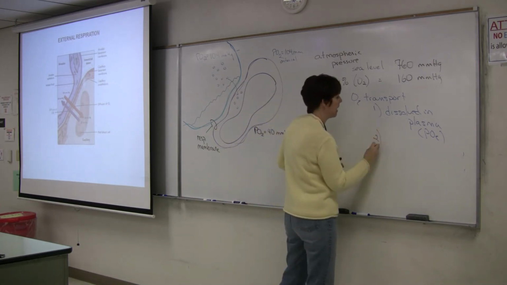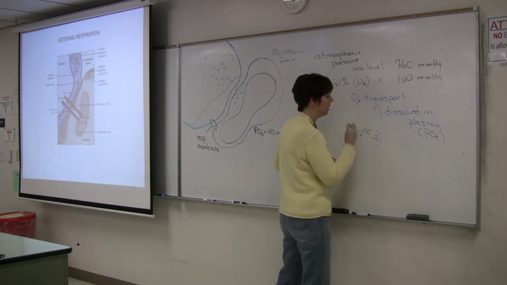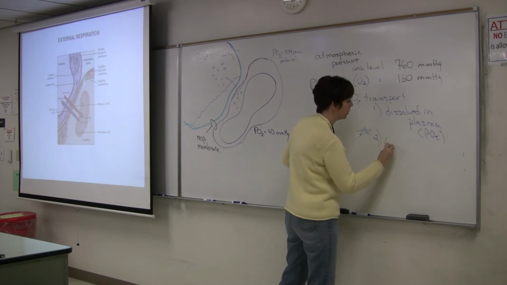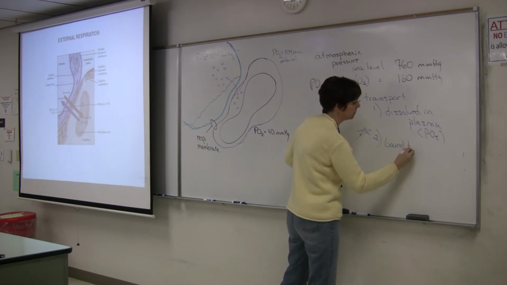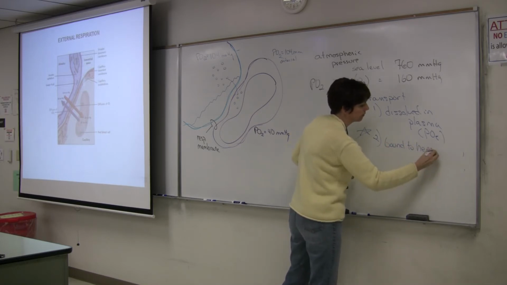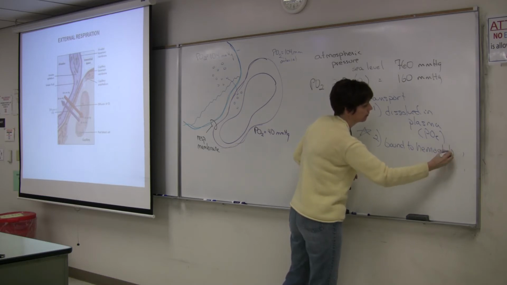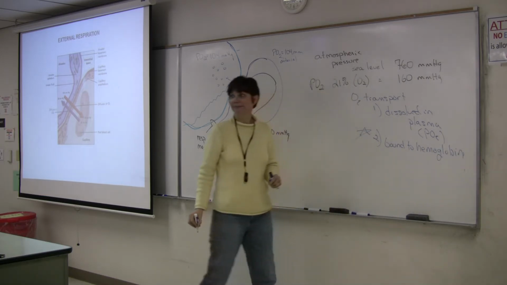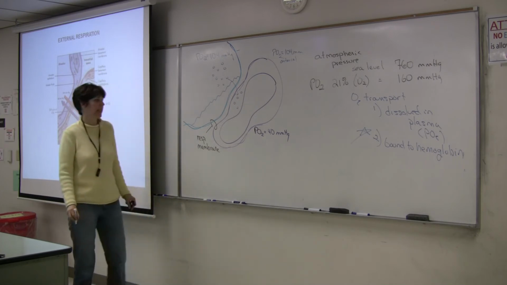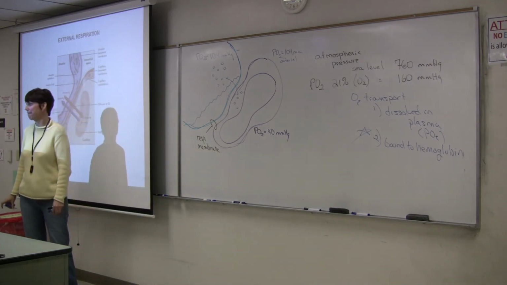And the second method by which we transport, and by far the greater volume, is bound to hemoglobin. So without hemoglobin, with insufficient red blood cells, we don't have enough oxygen.